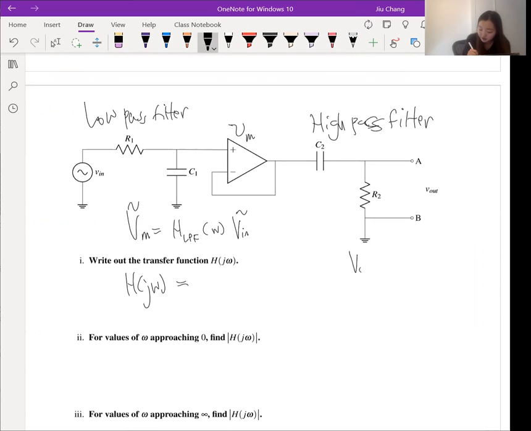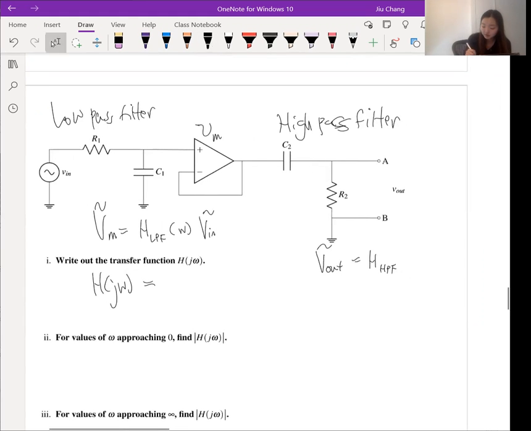And here we know that our V out phasor is equal to the transfer function for our high pass filter times our V middle phasor, because V middle acts as a Vn for our high pass filter.